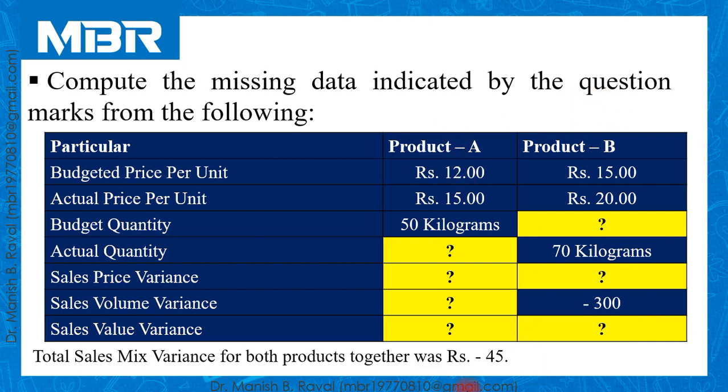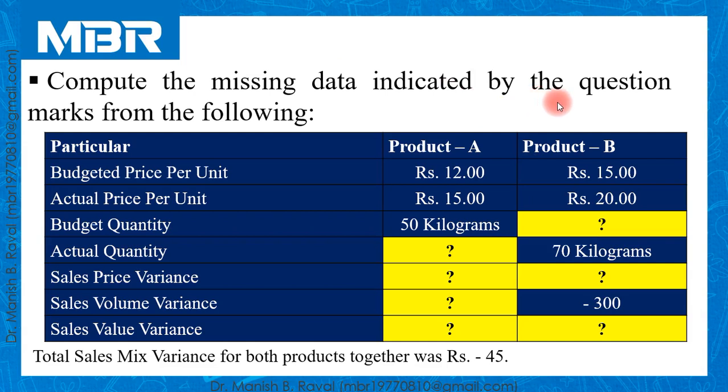From the data given to us, it is clear that nothing is available in product A, but we have information of budgeted price, actual price, and actual quantity in case of product B, and information is also given for sales volume variance, that is minus 300.